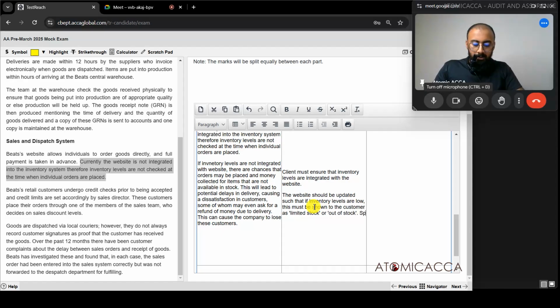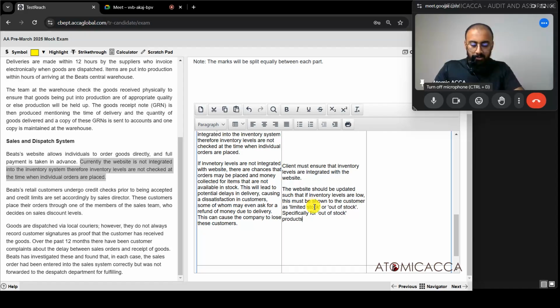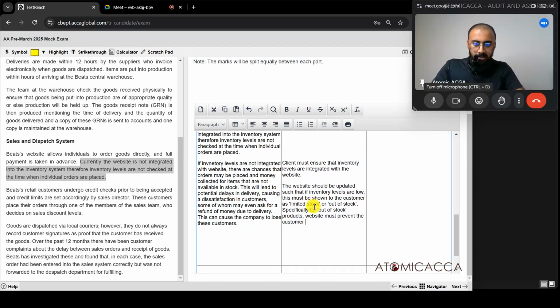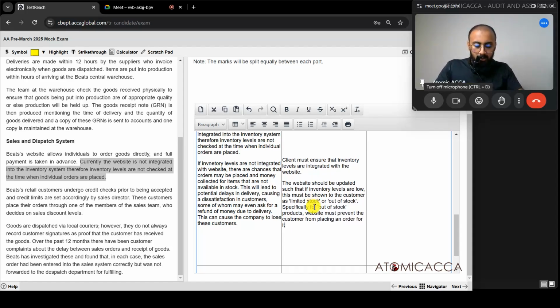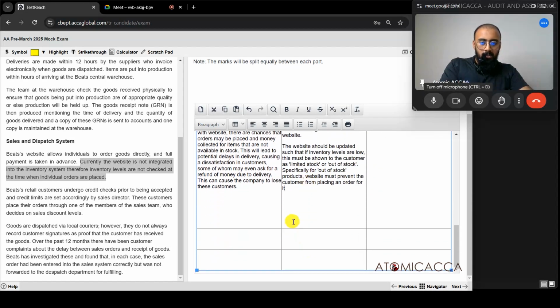Then specifically for out of stock products, the website must prevent the customer from placing an order for it, so that you cannot place an order if items are not in stock. So that problem is sorted.